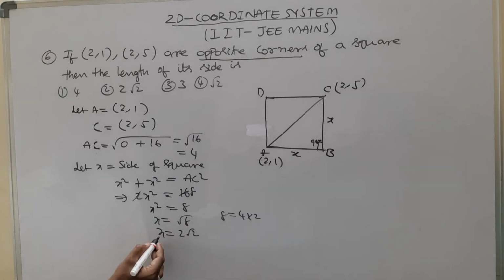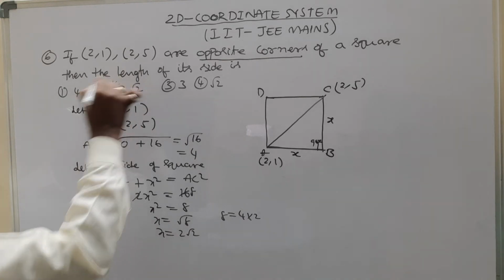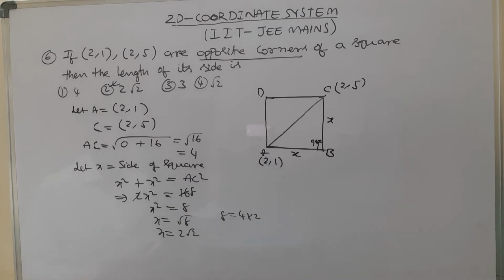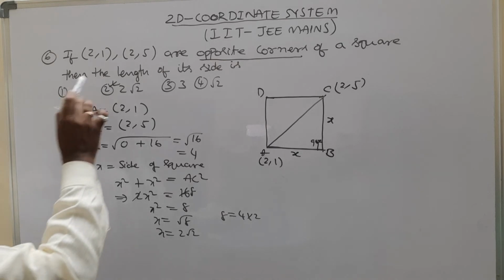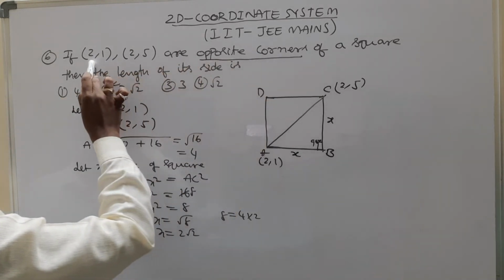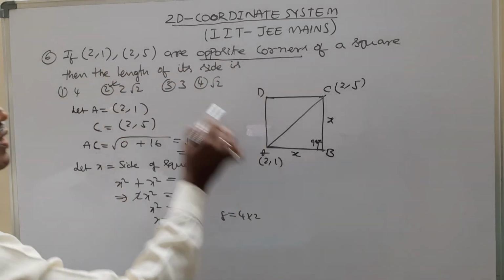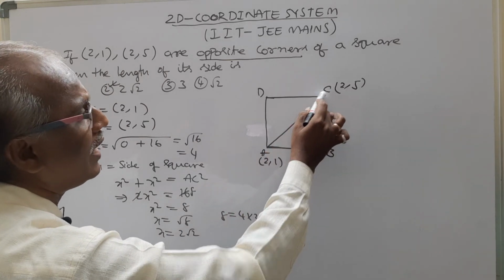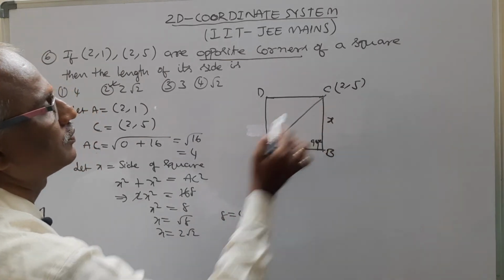The length of the side of the square is 2 root 2. Remember one point: if the opposite corners of a square are given, like 2 comma 1 and 2 comma 5, these are the endpoints of the diagonal.